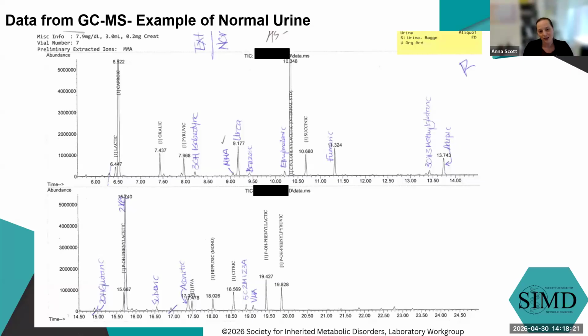And what's not displayed here, because it doesn't print out on a printer easily, is that third dimension, which is the fragments, the mass fragments present at that point in time. So we manually inspect each and every peak and look at the mass fragmentation pattern. We look at the retention time, and with those pieces of information, we can correctly identify a particular compound.